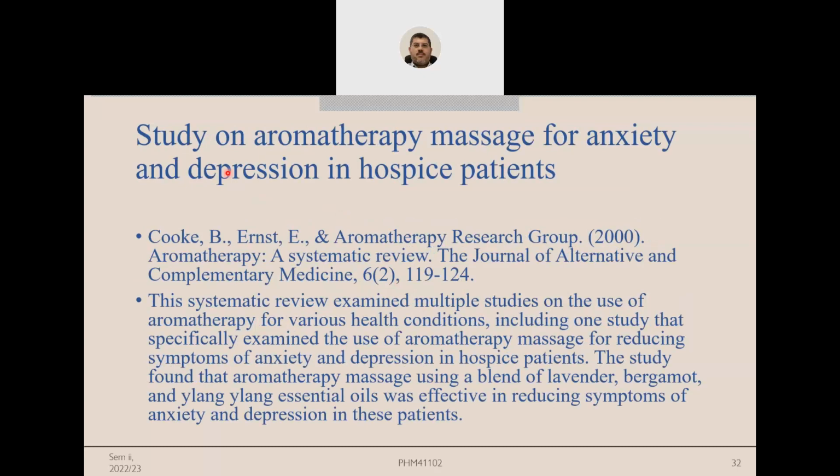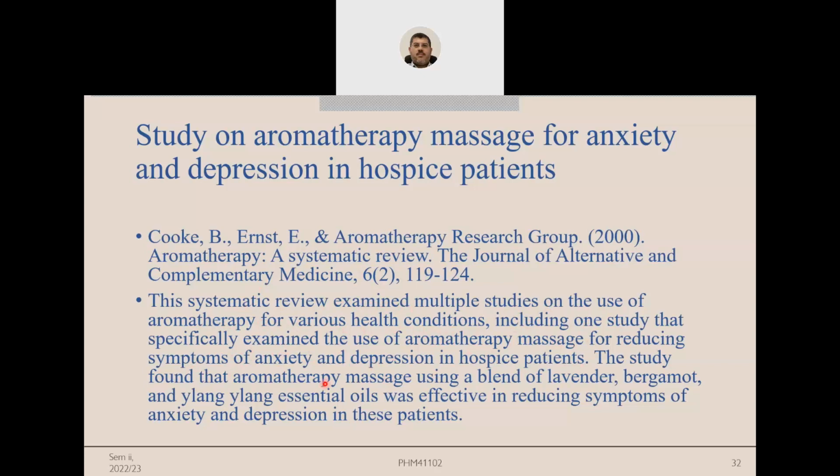There is a study on aromatherapy massage for anxiety and depression in hospice patients. This is a systematic review. So as we mentioned, this is the strongest evidence compared to controlled trials and compared to case reports. They examined multiple studies on the use of aromatherapy for various health conditions, including one study that specifically examined the use of aromatherapy massage for reducing symptoms of anxiety and depression in hospice patients.